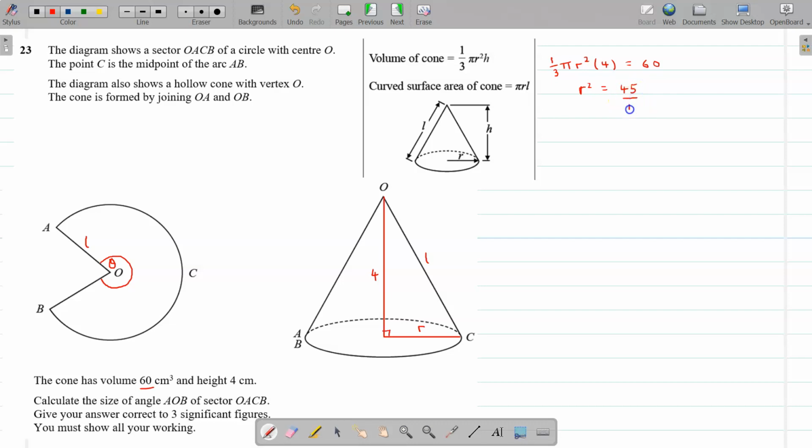So what I'm doing here is getting an expression for r in terms of pi, which implies that r is equal to the square root of 45 over pi. Now, we don't need to know what the value of that is. We just need to leave it for the moment as the square root of 45 over pi.